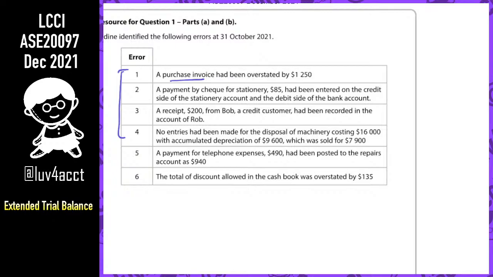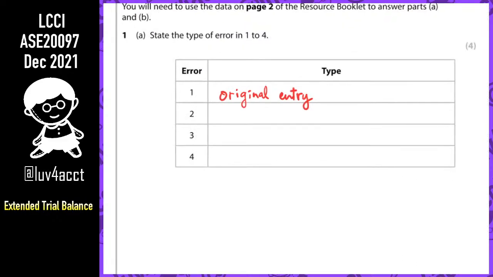But then here you can see the whole entry had been reversed. You credited the stationery account and debited the bank account. That being said, the error would be called error of reversal.